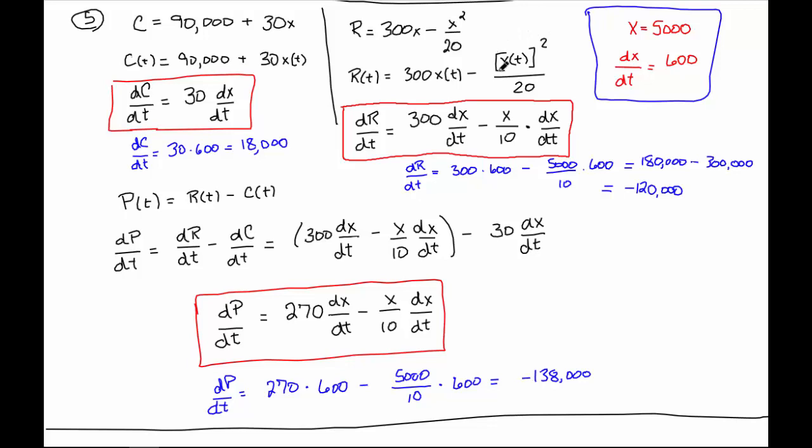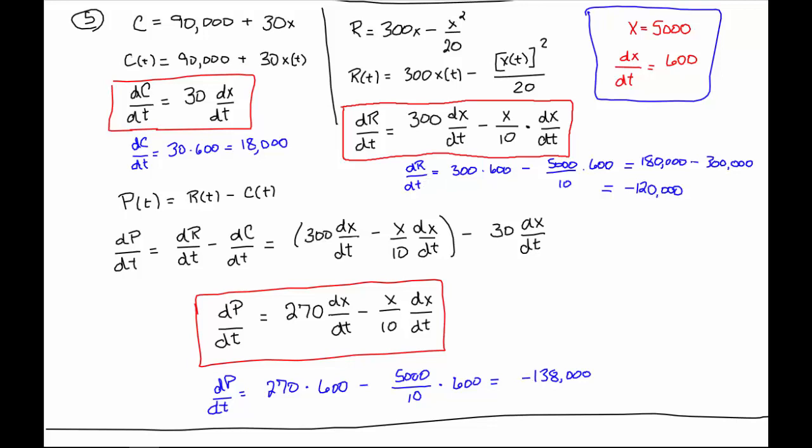I've got a 2 over 20, which reduces: 2 into 2 once, 2 into 20 10 times. So that's where this part comes, times the derivative of the stuff on the inside. If you then fill in x being 5,000, dx/dt is 600, what you see is that the revenue with respect to time is decreasing.